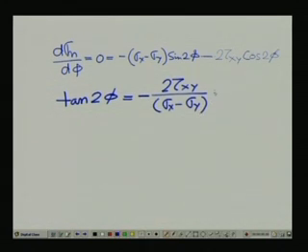So the relationship you are getting is tan 2 phi equals minus 2 tau x y over sigma x minus sigma y.